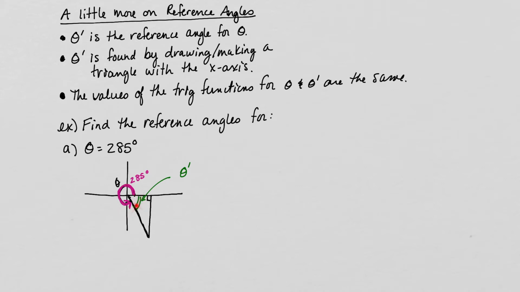So this little green part is 360 minus the pink part, 285. So it's going to be 360 degrees minus 285 degrees, which ends up being equal to 75 degrees.